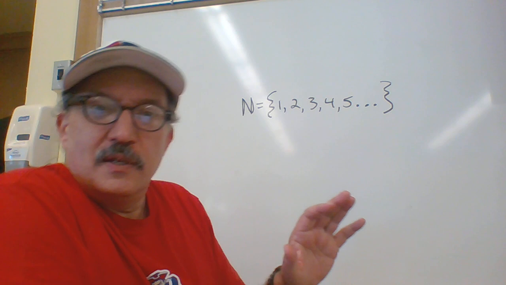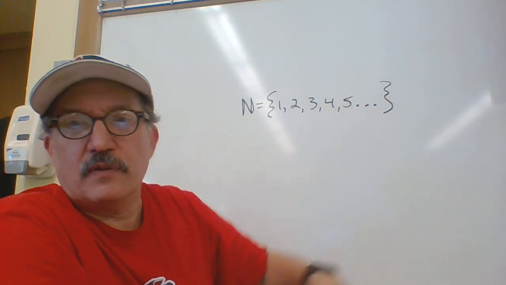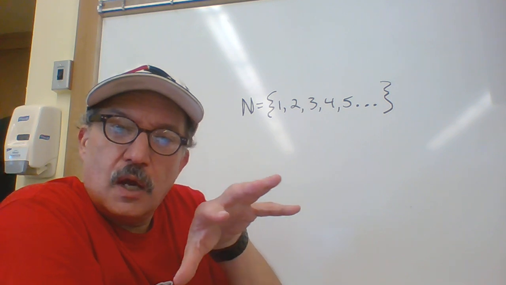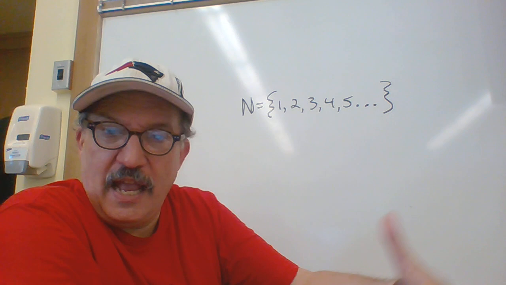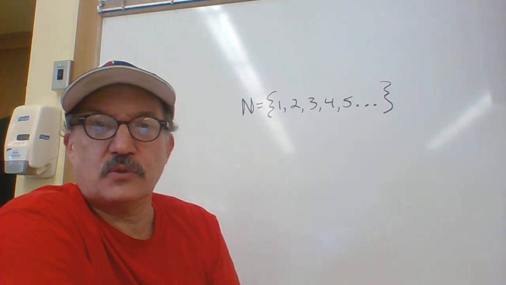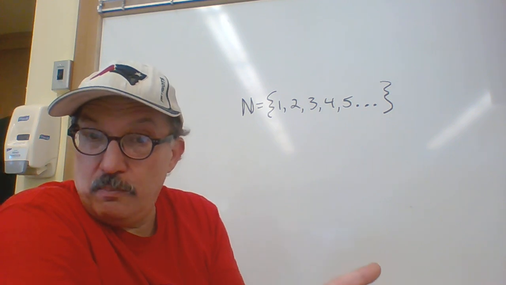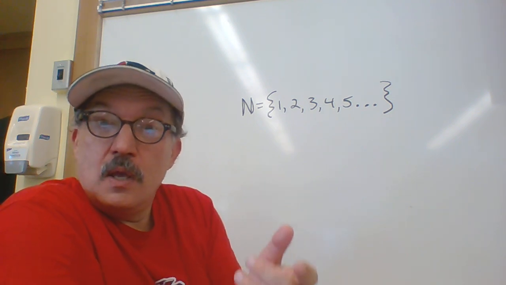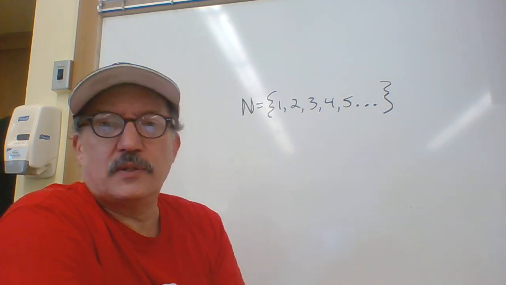Another piece of unfinished business, I just want to make a point about the natural numbers. Here they are, 1, 2, 3, 4, 5, and so on. And of course, video number 1A involved finding the sum of the first n natural numbers, the story about Gauss. And then video 1B was primarily about finding the nth term of an arithmetic sequence.